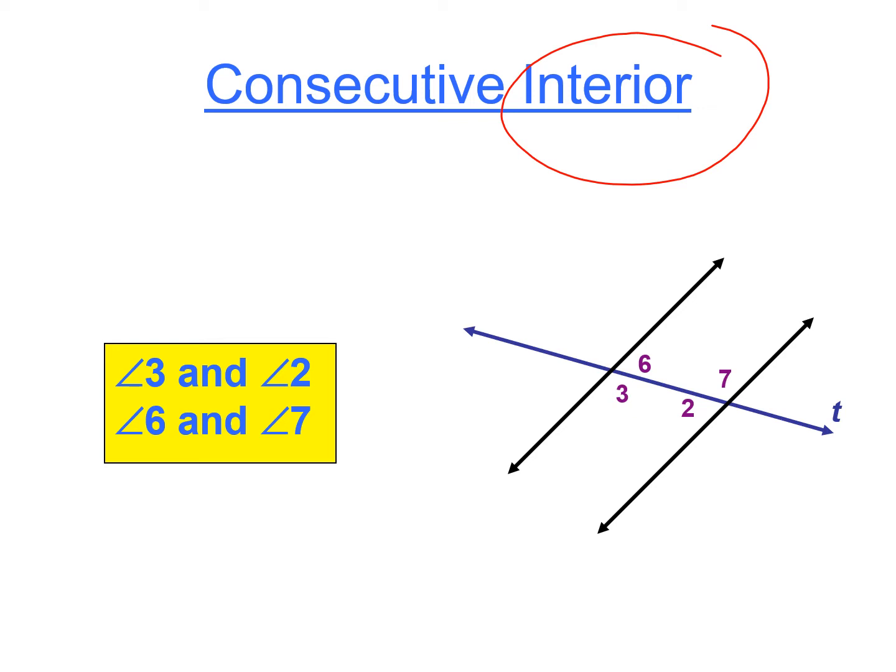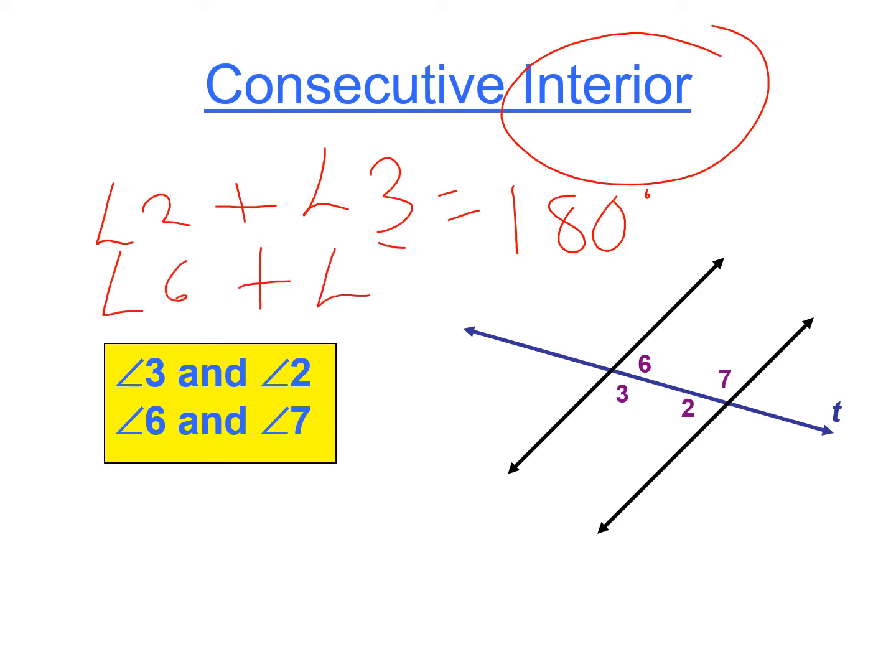They are supplementary. That means for angles on the same side of the transversal, their sum is always 180 degrees. Like angle 2 plus angle 3 always forms 180 degrees, and angle 6 plus 7, when you add both, is 180 degrees. That means they are supplementary.